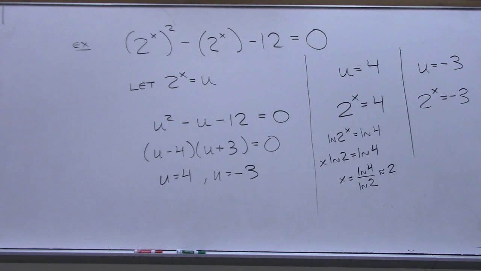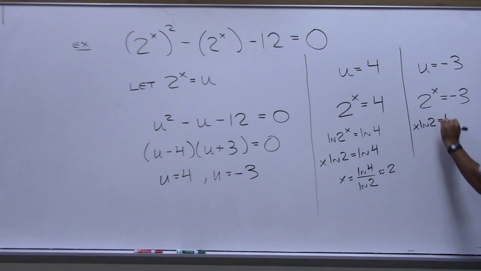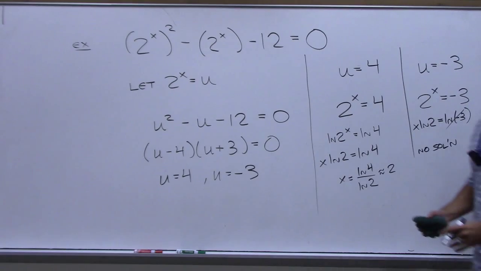How about over here? Can't happen. x natural log 2 equals natural log of negative 3. Not happening, right? Can't take a natural log of a negative number. So there is no solution here for this part. So your only answer is 2.